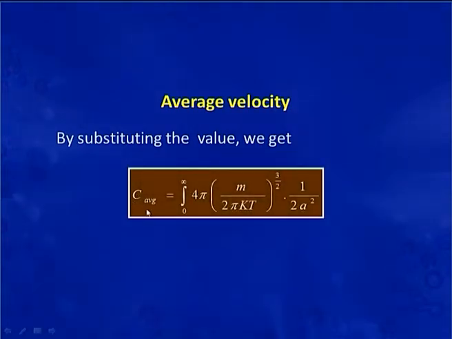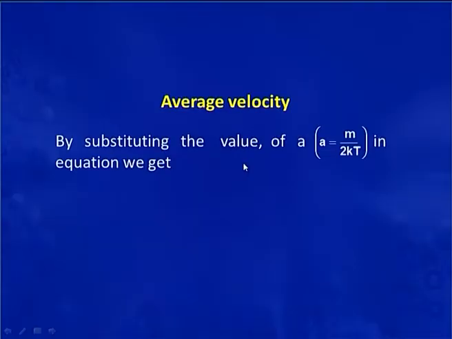We get C average is equal to 4 pi (m by 2 pi kT) to the power 3 by 2 into 1 by 2a square. As we know that a is m by 2 kT here, we will substitute the value of a.